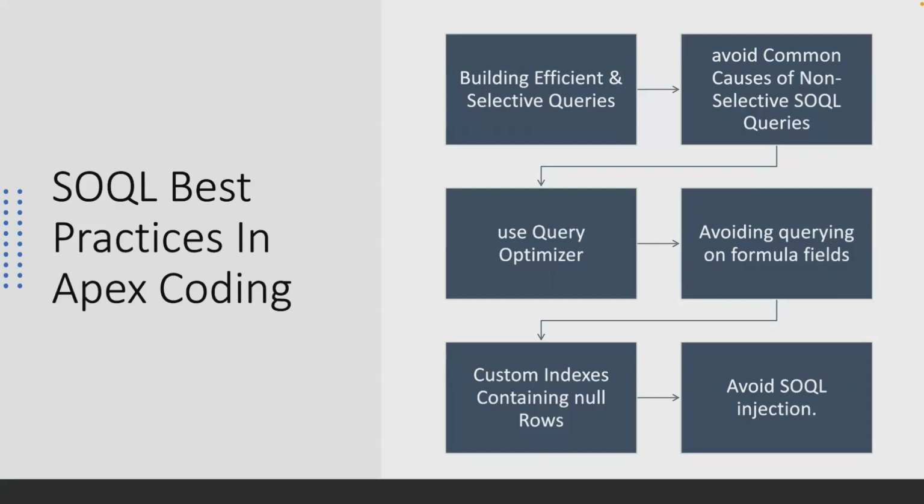We should be smart enough to extract only the records which are needed for further business logic. So we can use selective queries using the query optimizer, indexes, avoiding null rows, avoiding SOQL injection, and avoiding queries on formula fields in the for loop. These are things we can do with SOQL queries.